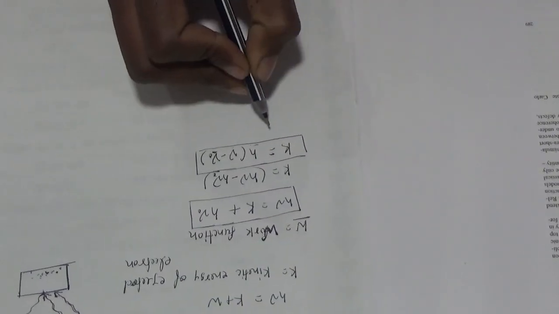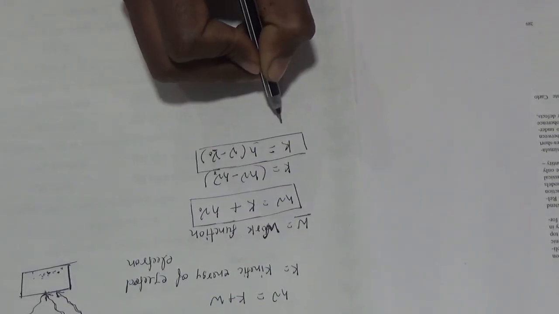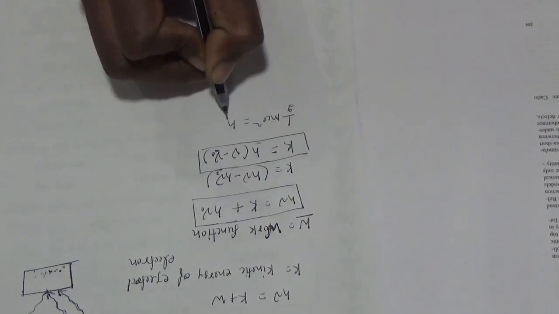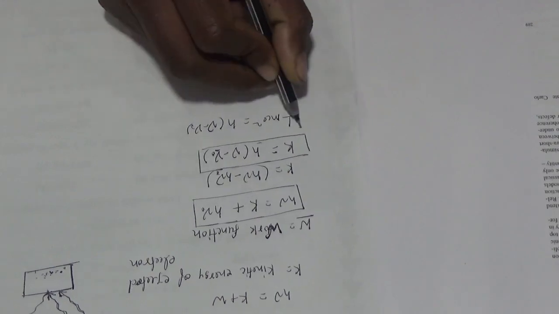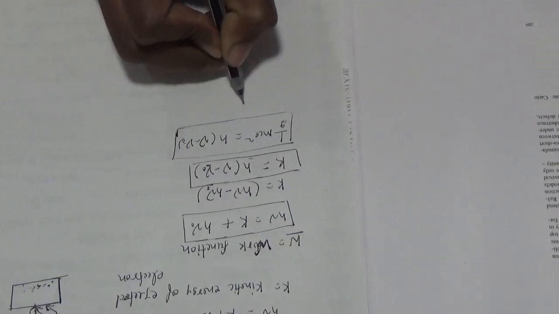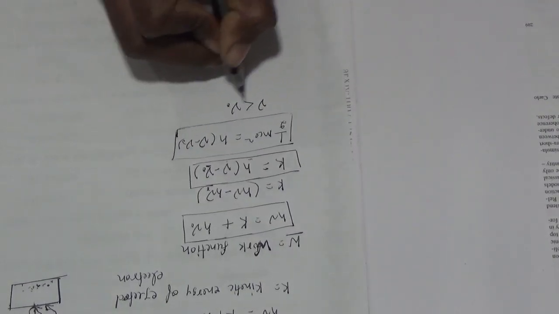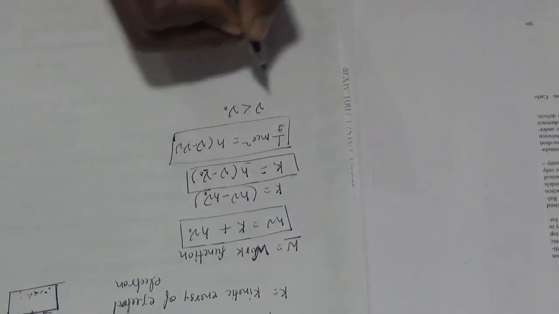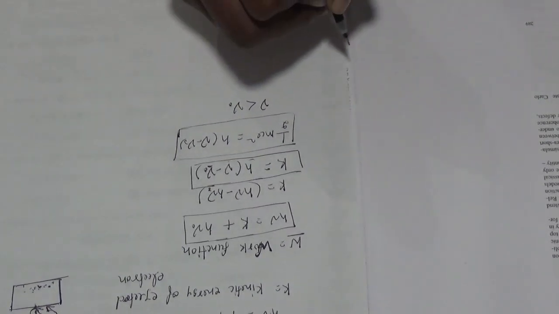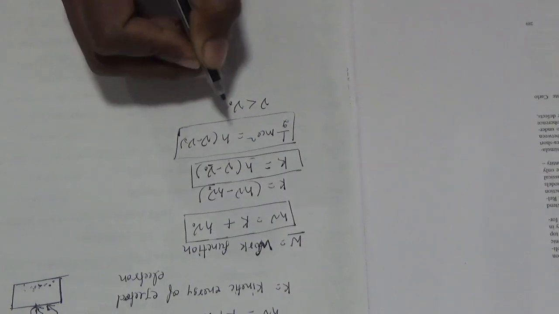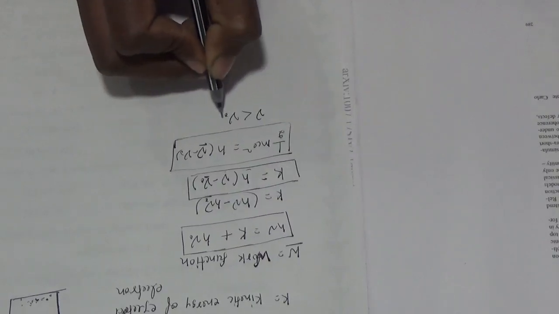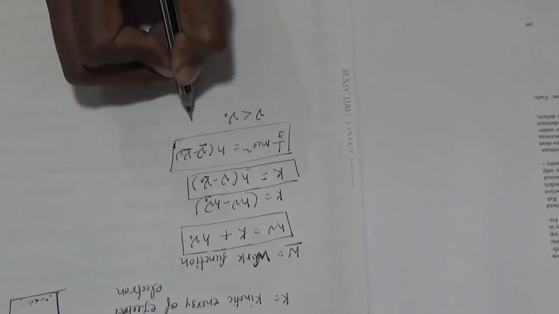Now K, which is half m v square, the kinetic energy, is equal to h times nu minus nu naught. It is also the equation of the photoelectric effect. If nu is less than nu naught, then this equation is not possible, and this frequency is known as the threshold frequency. Here nu must be greater than nu naught.